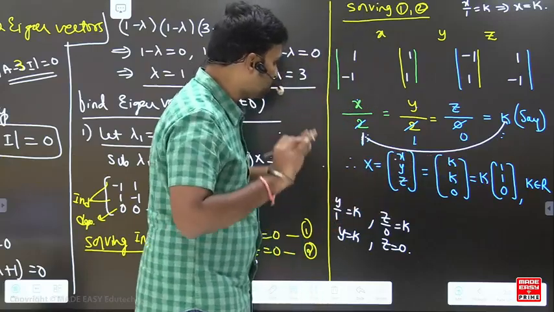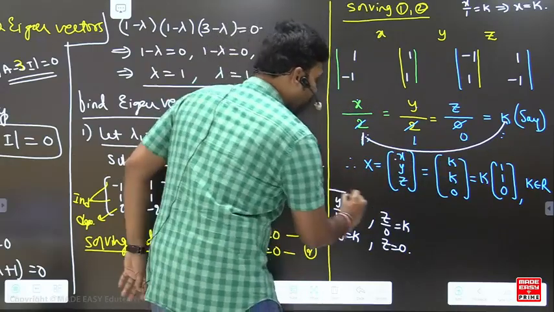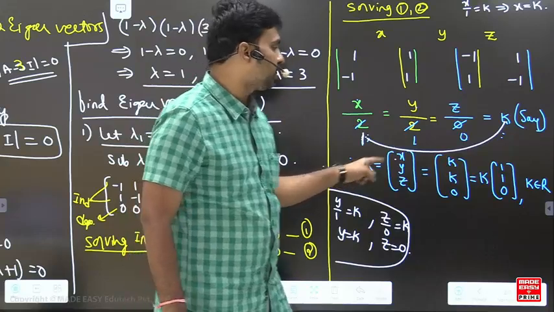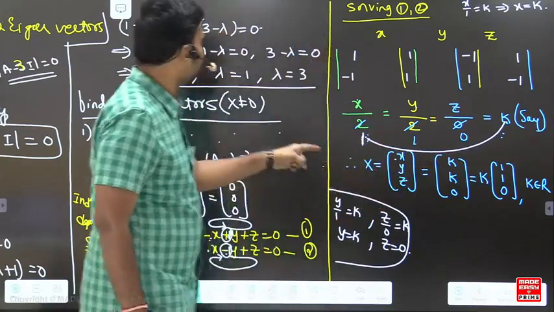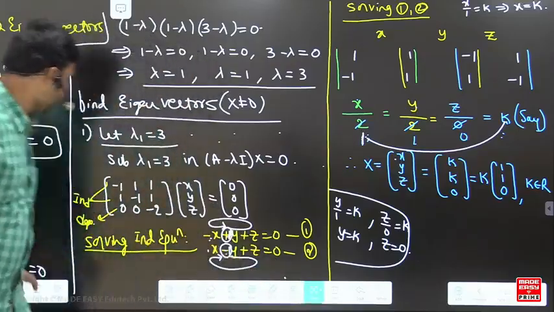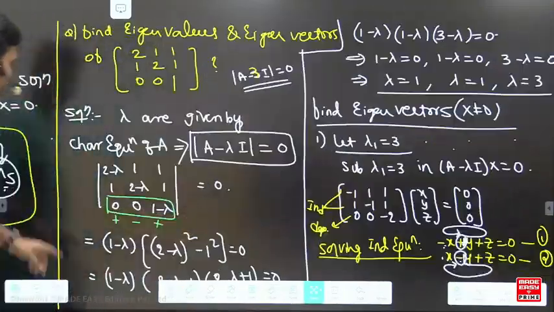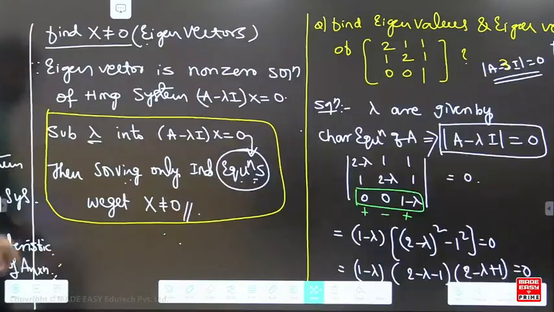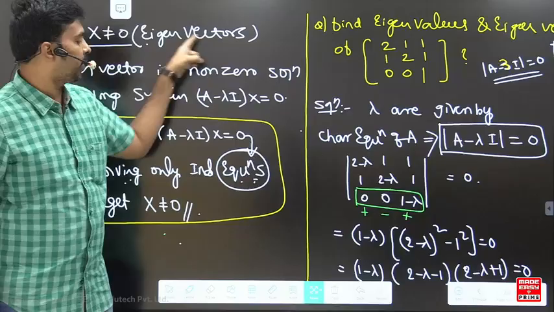So it is very clear, all of you, that this capital X is the eigenvector. What is this capital X, as per the definition? Capital X is the eigenvector here.